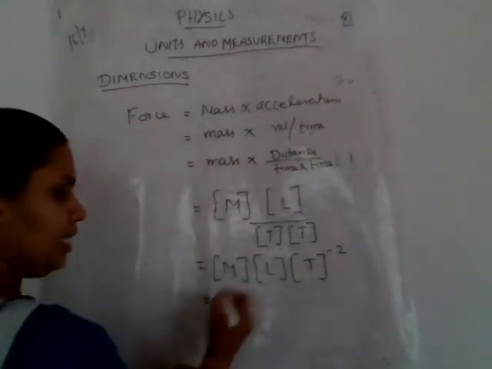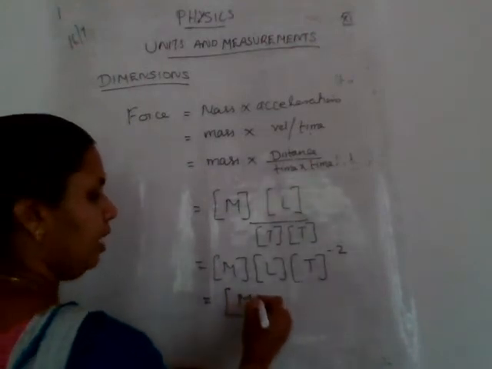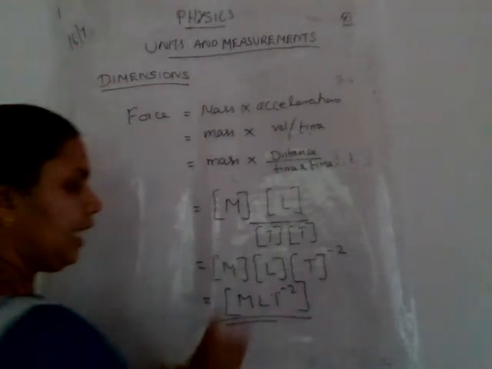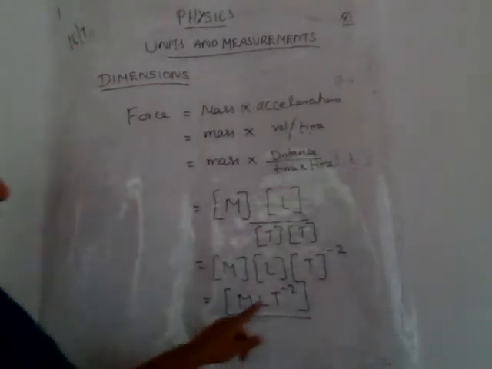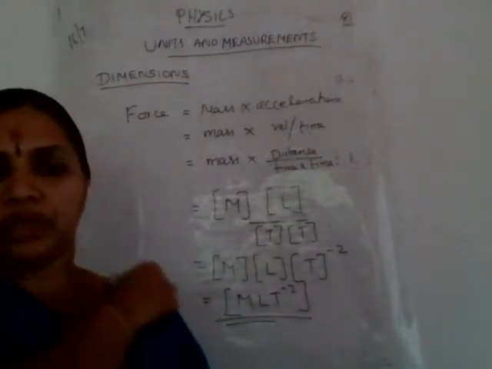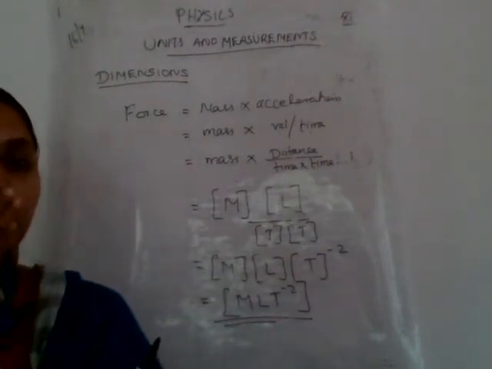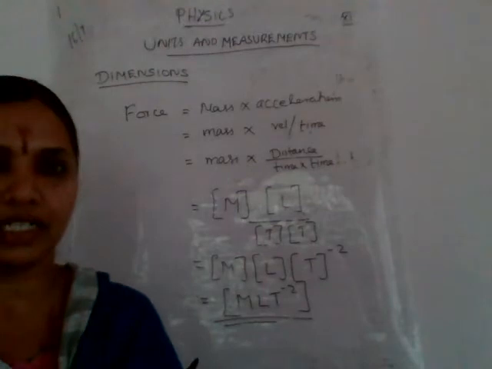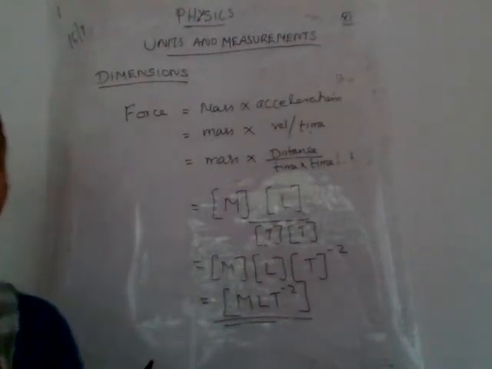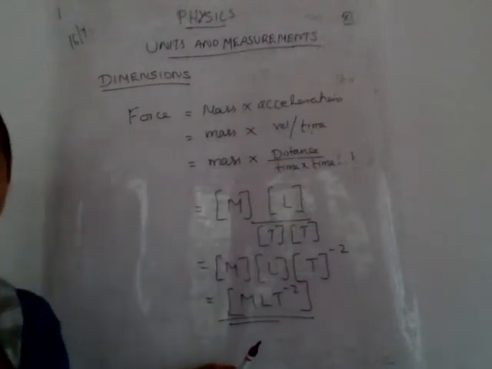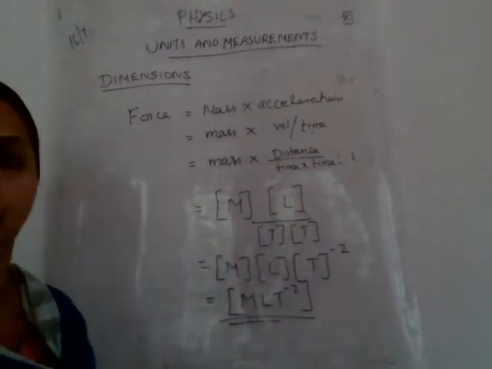Make it in a single bracket, that is M L T minus 2. Here M, L, T, all the terms are there. Understood? So that is the dimension of force. Dimension of force is M L T minus 2. Clear? So this is the method of representing a physical quantity as its dimension.